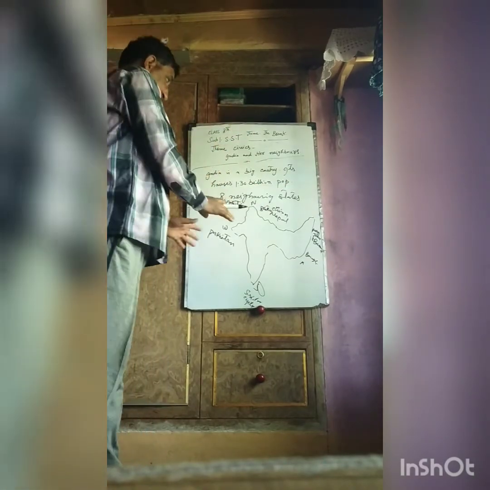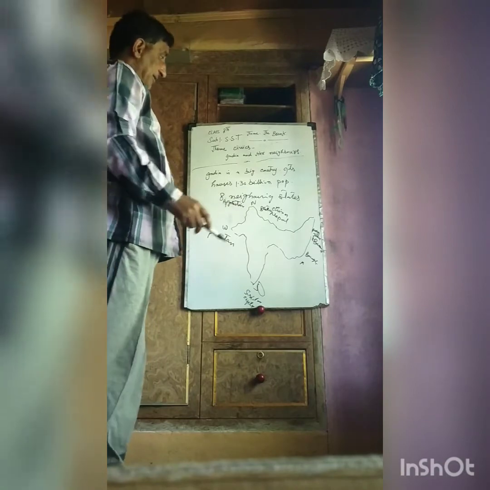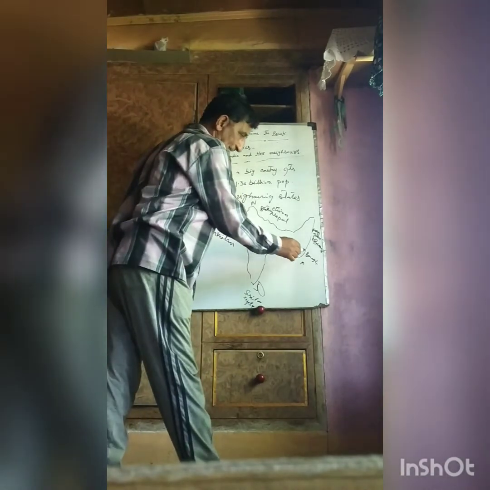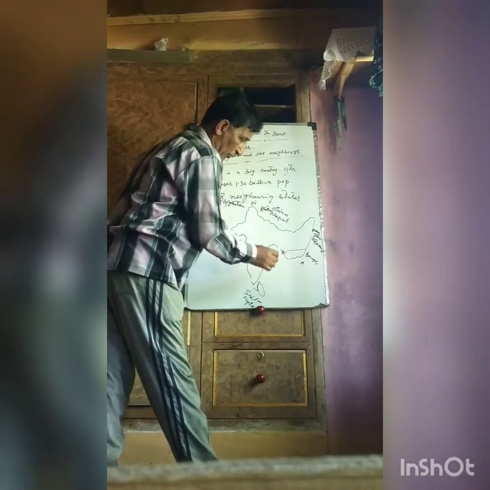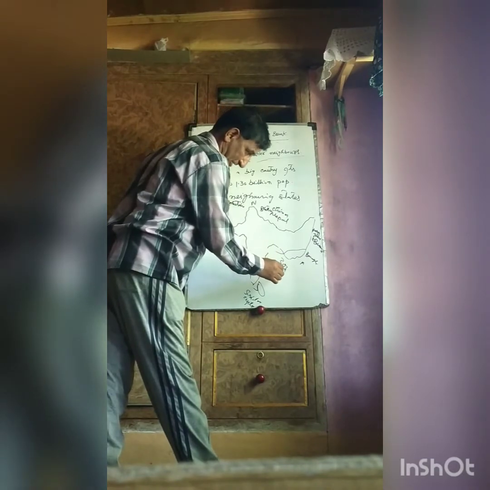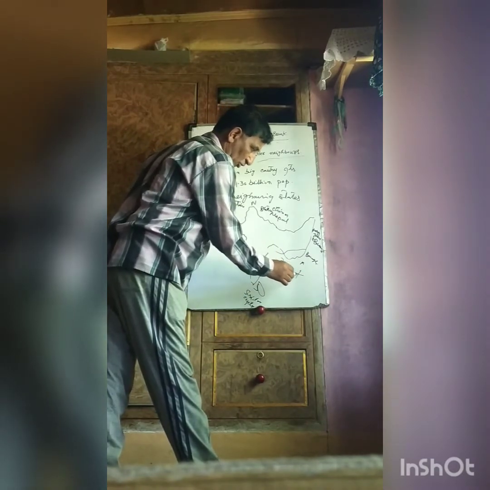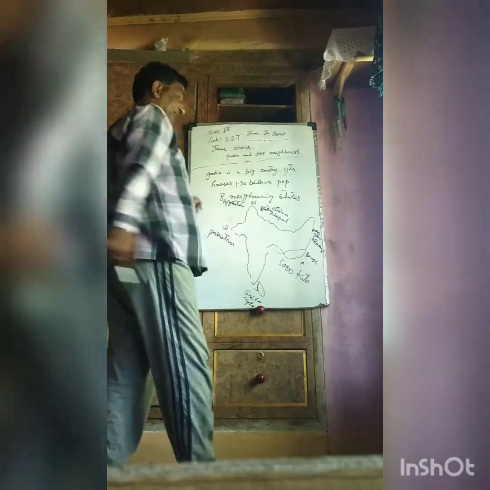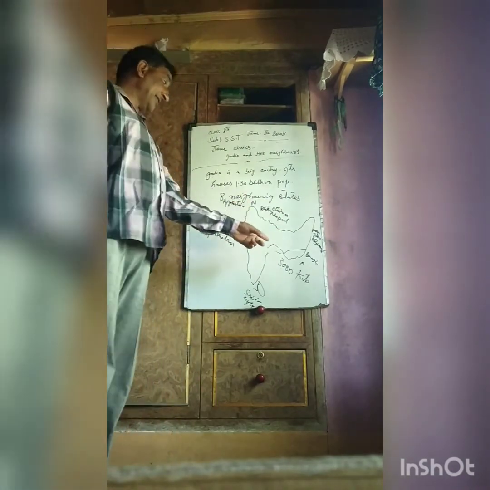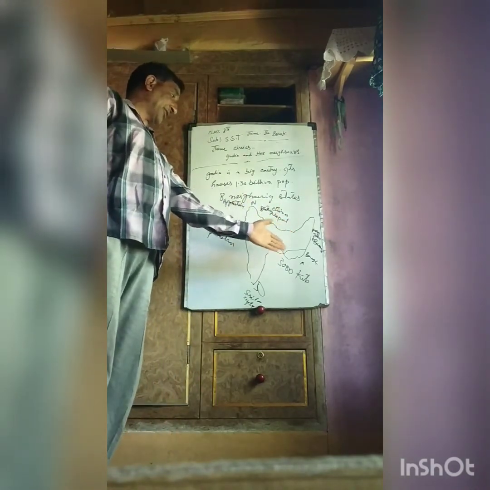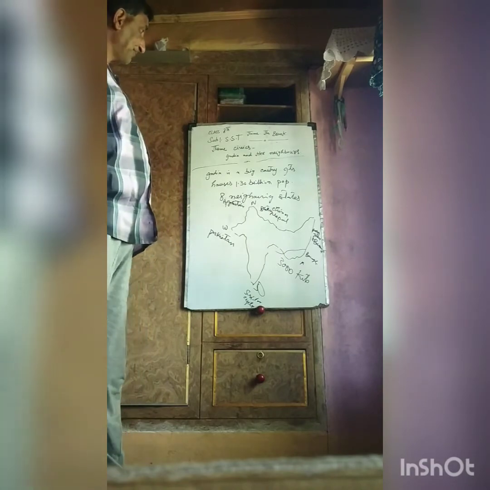Among the 8 states, remember it, India shares the maximum land border with Bangladesh, about 3,000 kilometers plus. It shares the longest land border with Bangladesh.